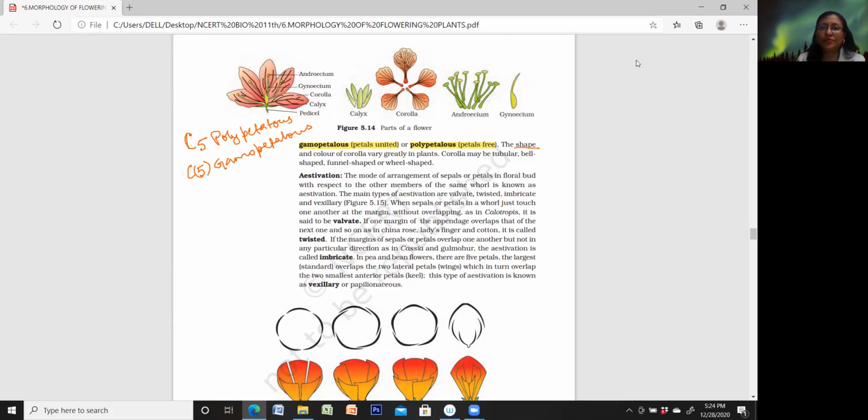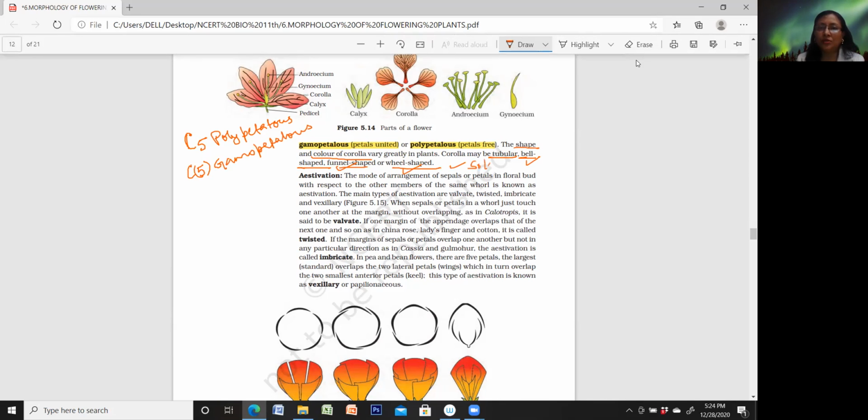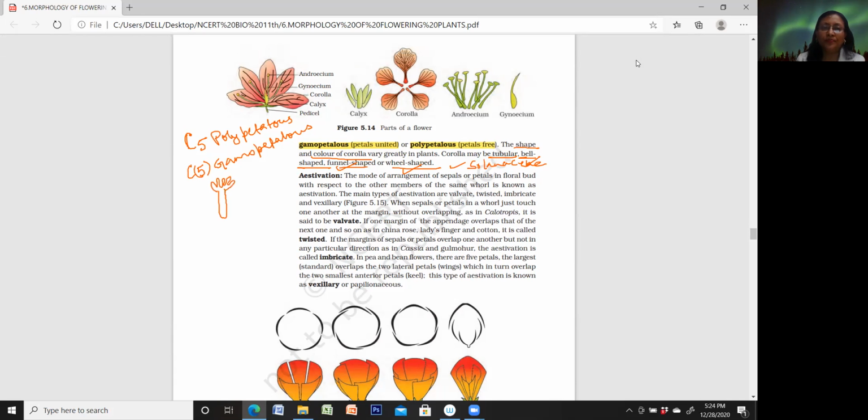There are various shapes possible, and colors possible, in the corolla. Corolla may be tubular, bell-shaped, funnel-shaped, wheel-shaped. Most commonly, these last three, bell, funnel, and wheel, are found in Solanaceae. Tubular, like in gamopetalous, is very common, especially in Asteraceae.